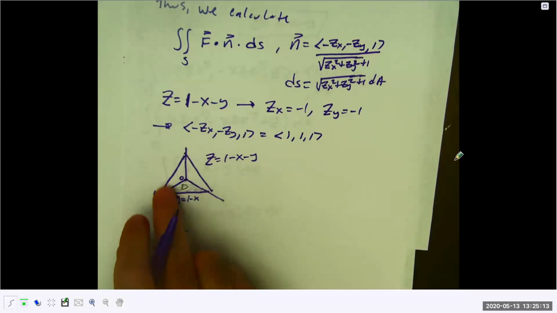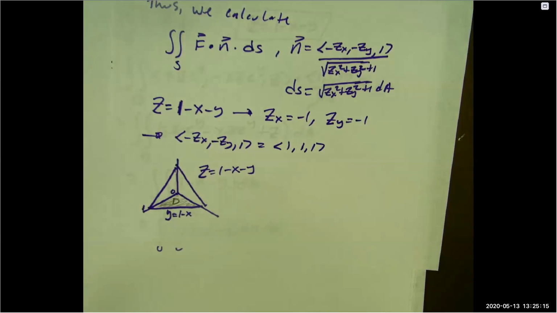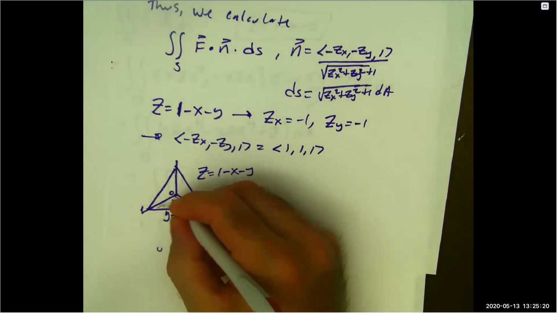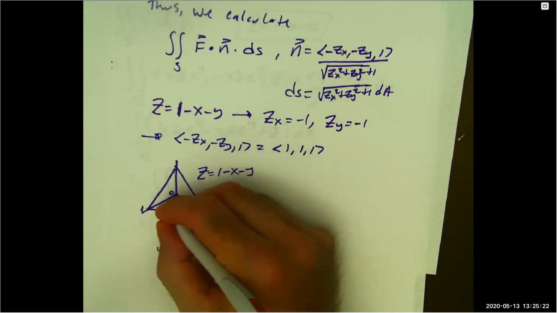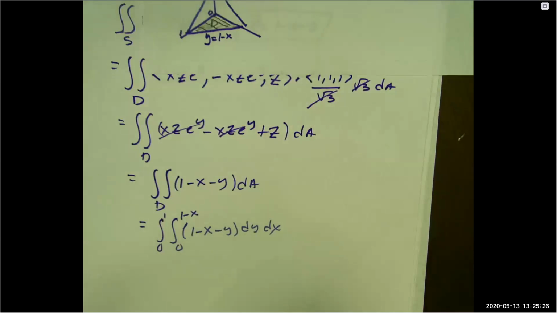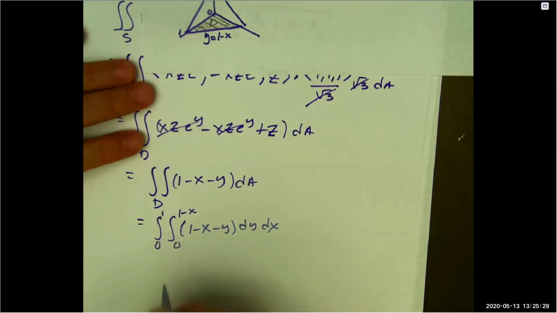So we have this nice type 1 region, so we're thinking about integrating it like this. All right, so we're almost there. So now let's see what we have here.